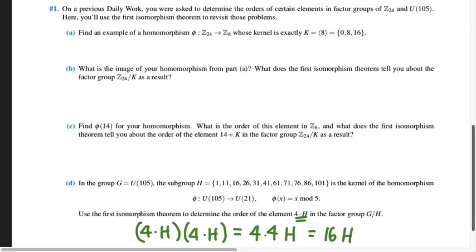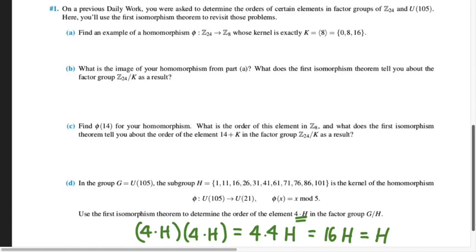But what's special about the number 16? It's an element of H. So when I take the coset of 16, what am I going to get? If I multiply all the elements in this subgroup by 16, I'm going to get all the elements of this subgroup again, because 16 was already in the subgroup, and the subgroup has the closure property.